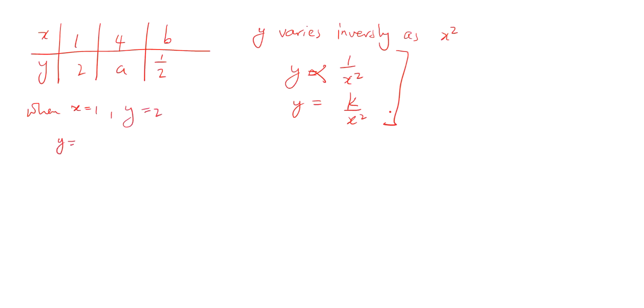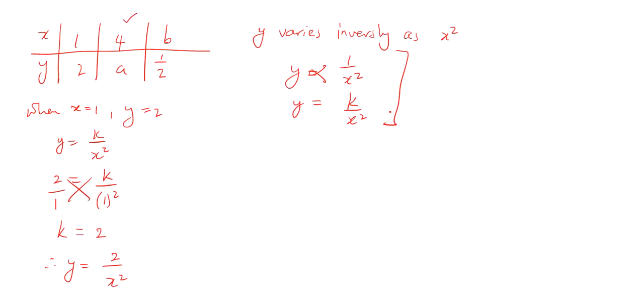And we know that y is equal to k over x squared. So therefore 2 is equal to k over 1 squared. It's going to be written as 2 over 1, and we can cross multiply. So k is equal to 2. So therefore the equation is y is equal to 2 over x squared.